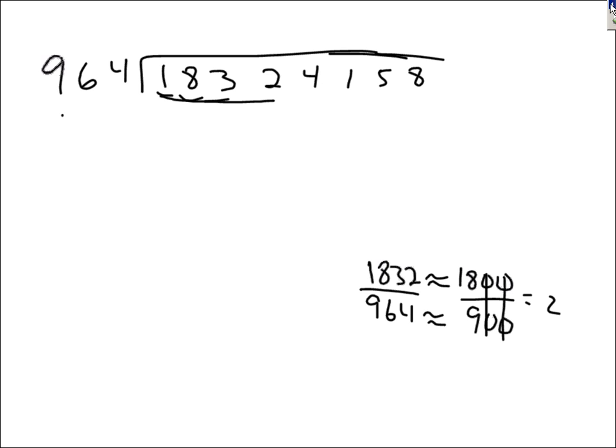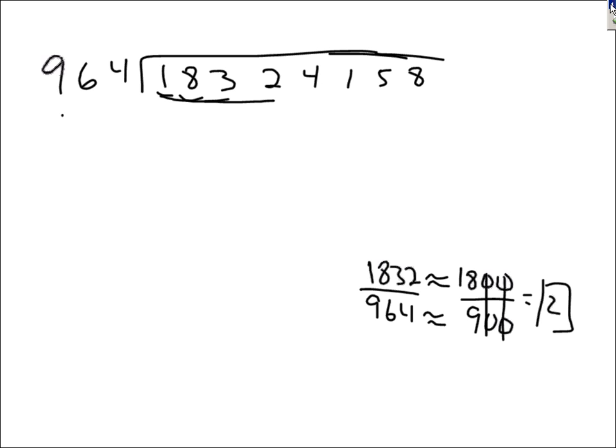But that's 2. The answer will be 2, or 1 more, or 1 less. Either 964 goes into 1832 2 times, or 1 time, or even 3 times. This number will be off by 1.